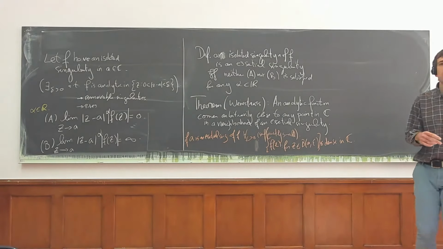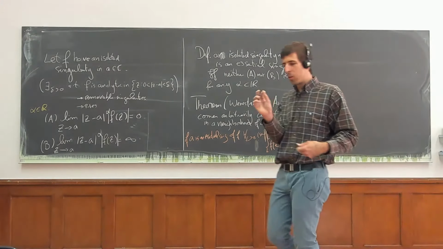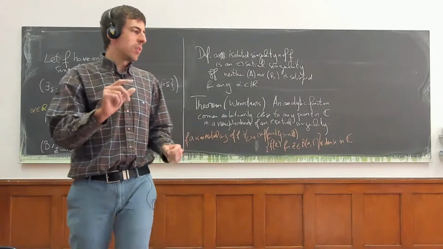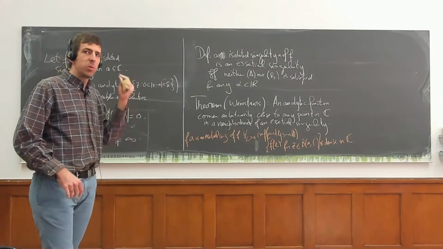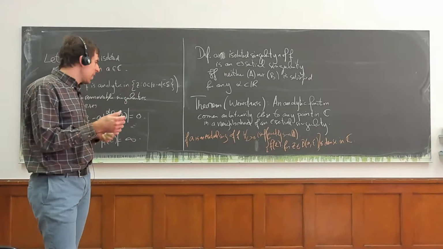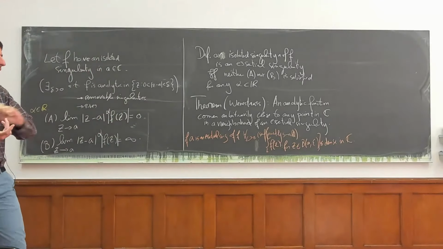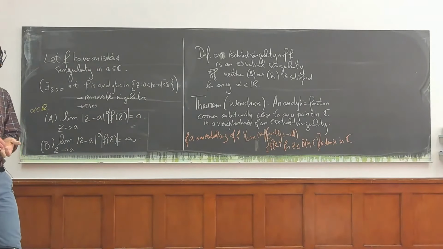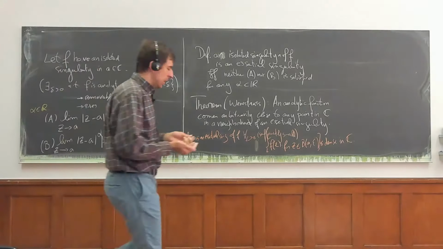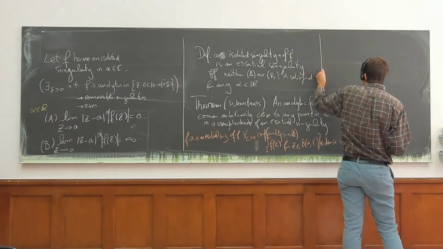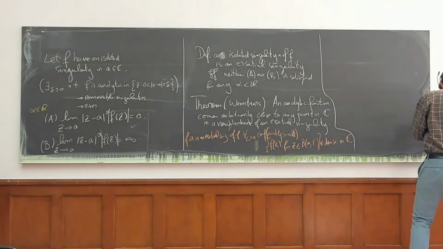Right, so not only does this function around the essential singularity go crazy, in the sense that it's going to 0 and to infinity at uncontrollable speeds, but it actually gets arbitrarily close to any point in C. Think about how complicated this object looks.